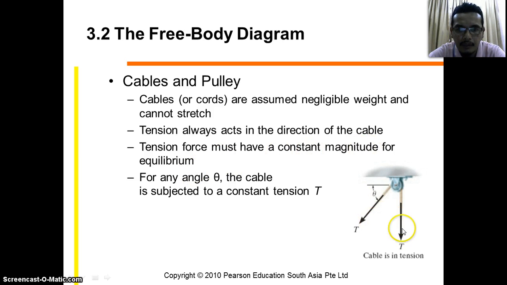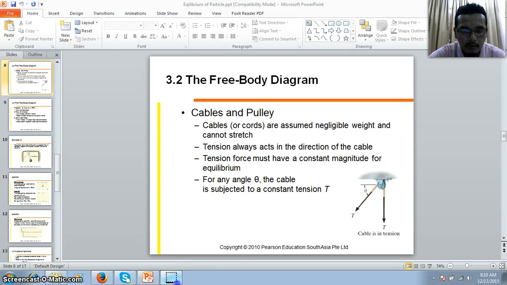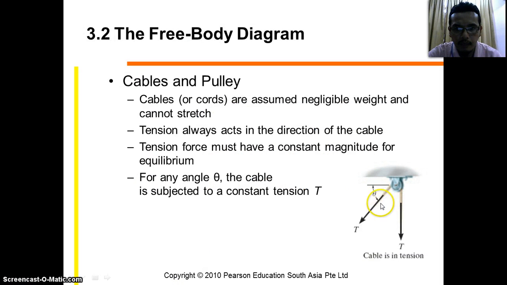So for any angle theta, the cable is subject to a constant T. We can see here, if we have the tension here, we have the angle theta here. So for any angle theta, the cable is subjected to a constant T.